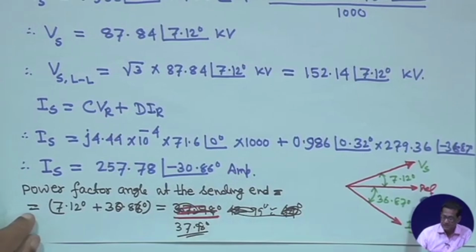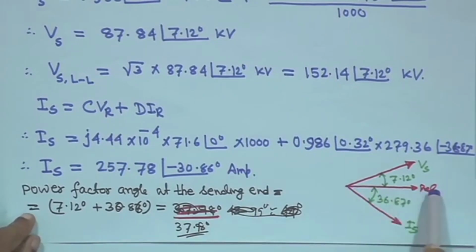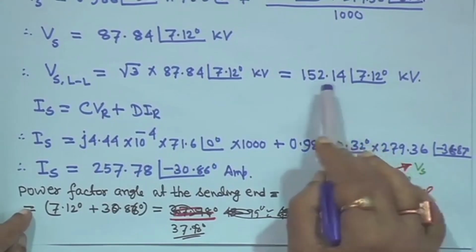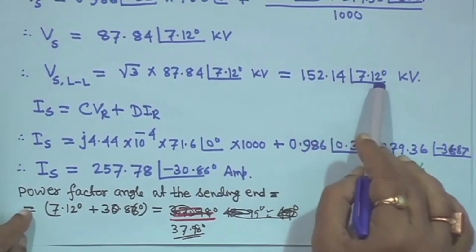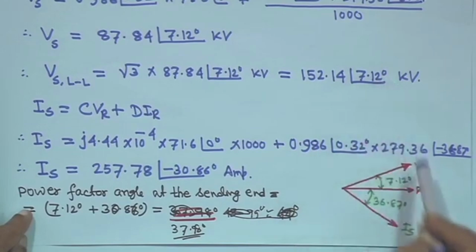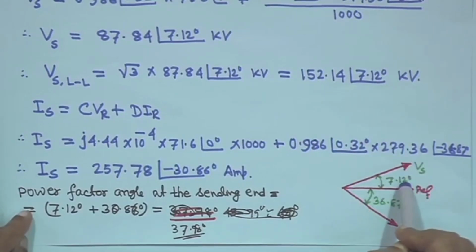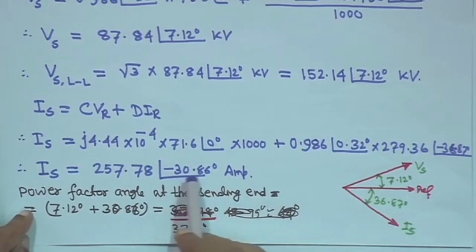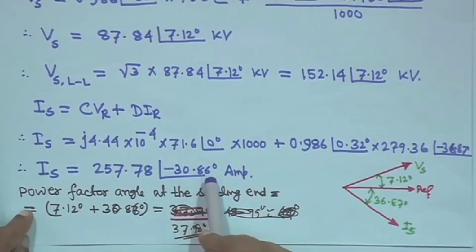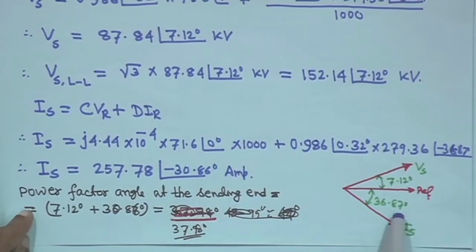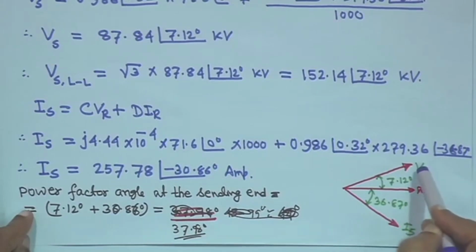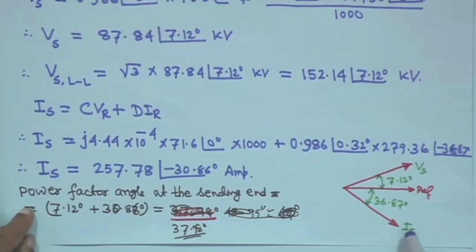Therefore, to find that, you take a reference line. Your Vs is 152.14 angle 7.12 degree, leading from this reference line. So, this is your Vs at 7.12 degree and current is minus 30.86 degree. So, the power factor angle will be the angle between the sending end voltage and this sending end current.